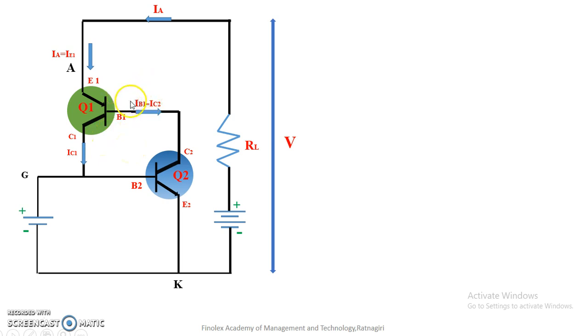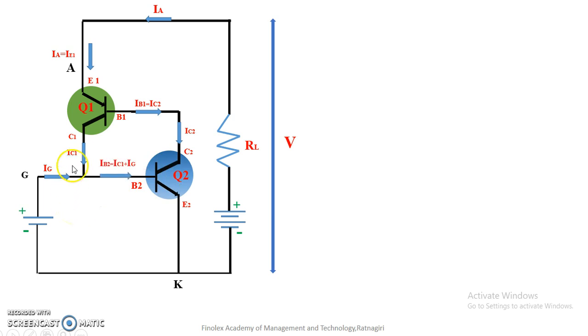Again, a base current also flows in the first transistor, and that base current IB1 is equal to the collector current of the second transistor, IC2. I have shown here IB1 is equal to IC2. So that collector current is nothing but the base current of the first transistor. Now when you apply the gate current using this gate source, IC1 and IG form the base current for the second transistor.